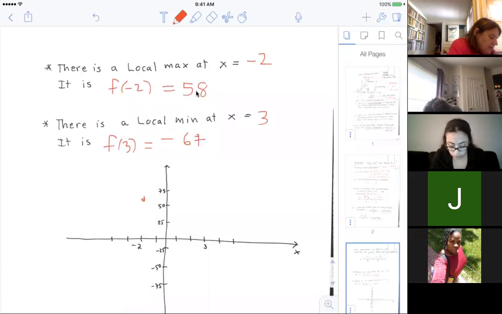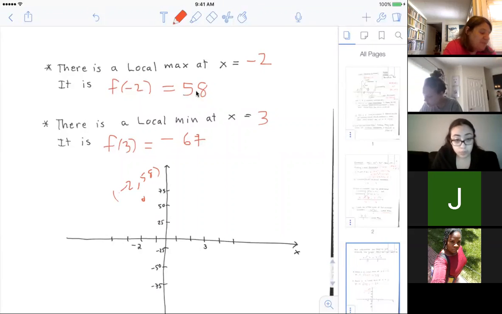Now, let me tell you that the maximum is actually 58. Where it occurs is x. This is the way I want you to say it: there's a local max at the x, it is 58. It's like saying the temperature is highest at 3 o'clock and the temperature is 50. You've given me the temperature for the max. If I put in 3 and -67, it's down here.